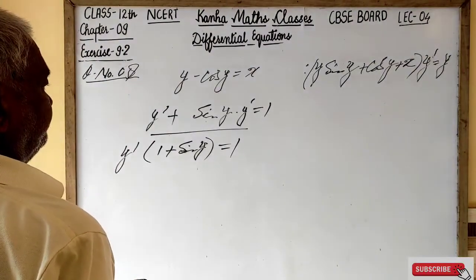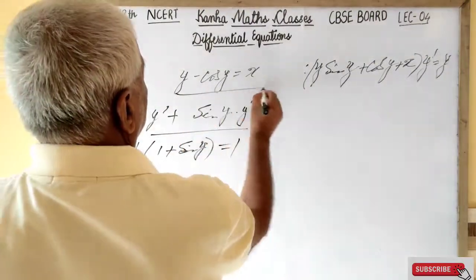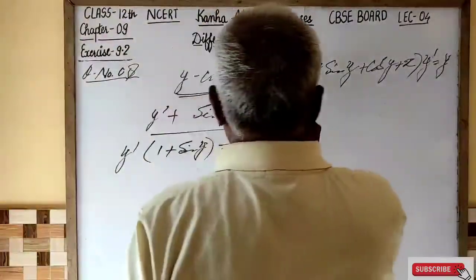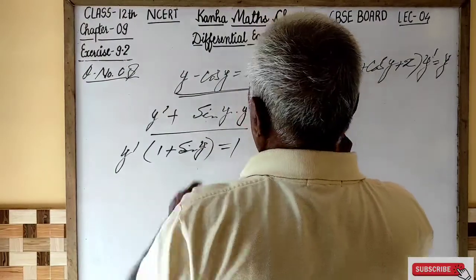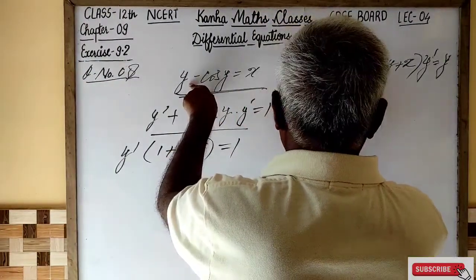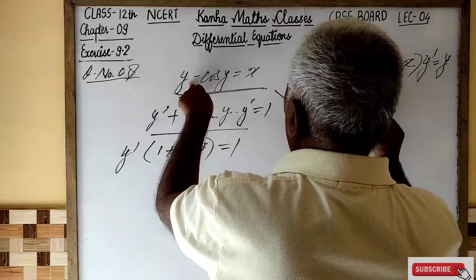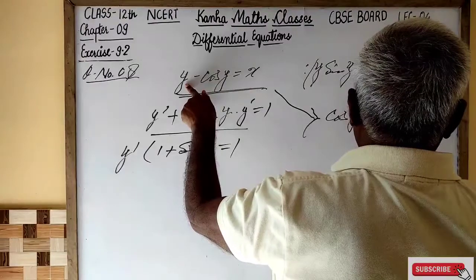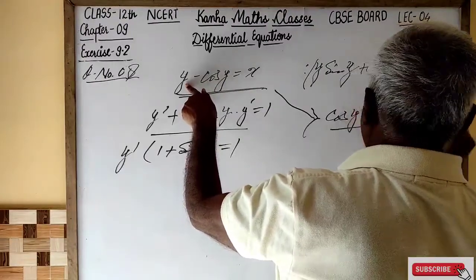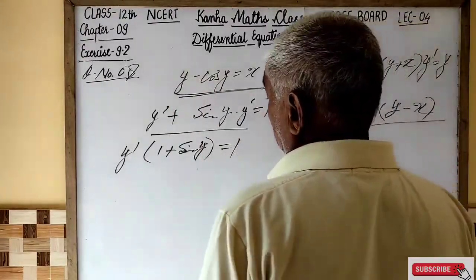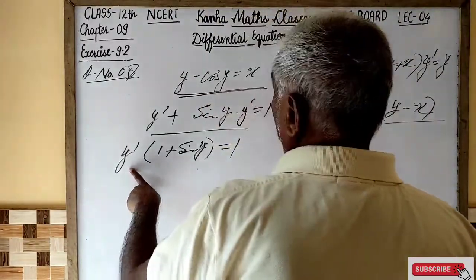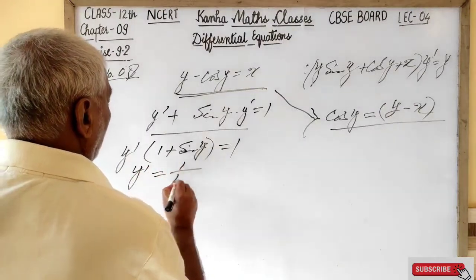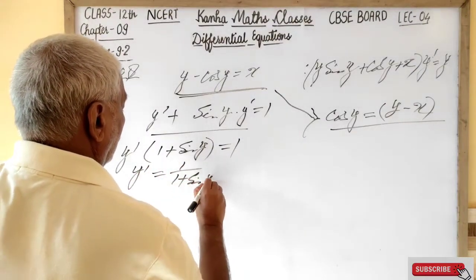By means of the given function we will obtain the value of cos y very easily, because here cos y will be equal to y minus x. Cos y will be equal to y minus x, and here y dash is equal to 1 upon 1 plus sin y.